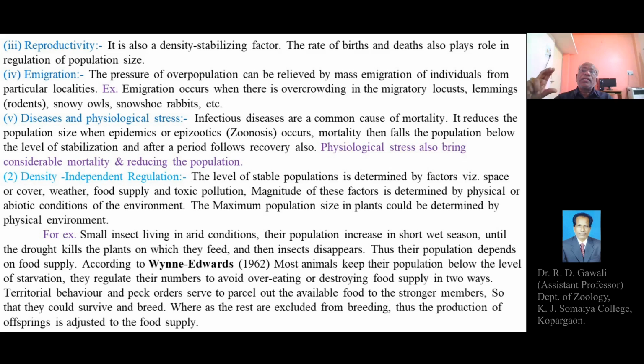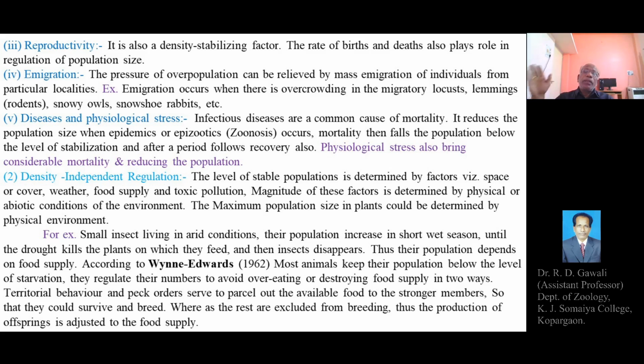So infectious diseases are a common cause of mortality and there are a variety of organisms causing infectious diseases. So the cause of disease or the pathogen transmission may be from different animals of the same species or different species but can lead into the mortality or death of a large number of organisms.